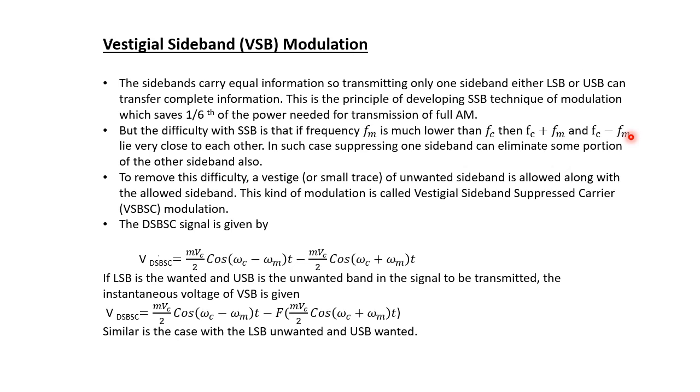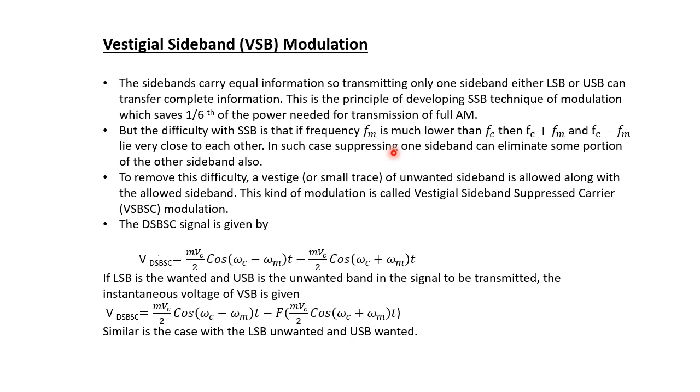But there is some difficulty with SSB also, and the difficulty is that we know that the carrier frequency Fc is much greater than the modulating frequency Fm, because the carrier frequency lies in hundreds of megahertz, and the largest value of modulating frequency is only 20,000 hertz.